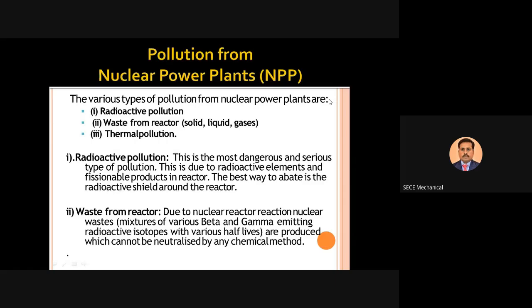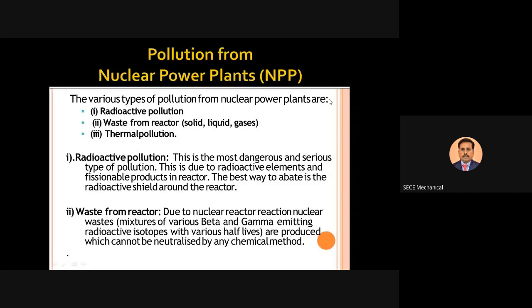Due to the chain reaction, some rays come out from your reactor. Those rays are called beta and gamma. These are also called wastes.